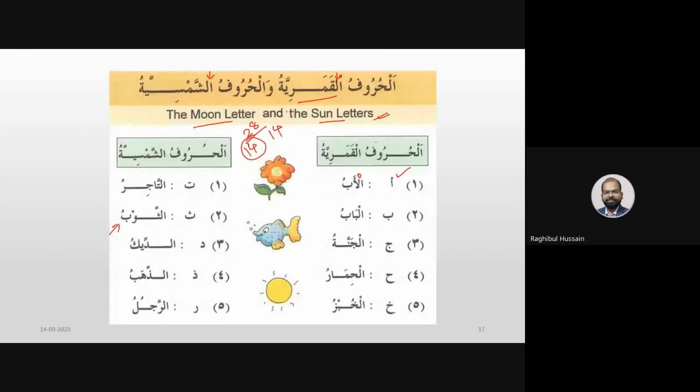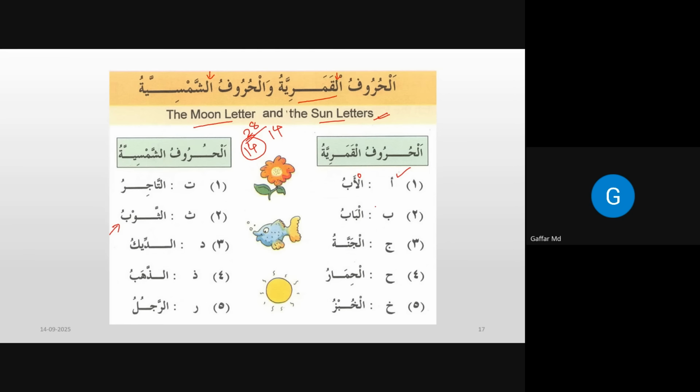So is it an indication that you have to read that lam, but in Shamsiya it is not written? Yes. Our concern is that initially we will read Arabic books that will have harakat, so all the sukun and shadda will be there.